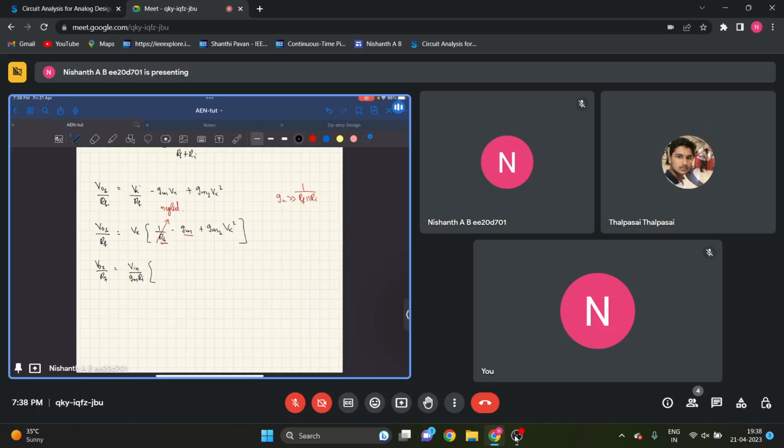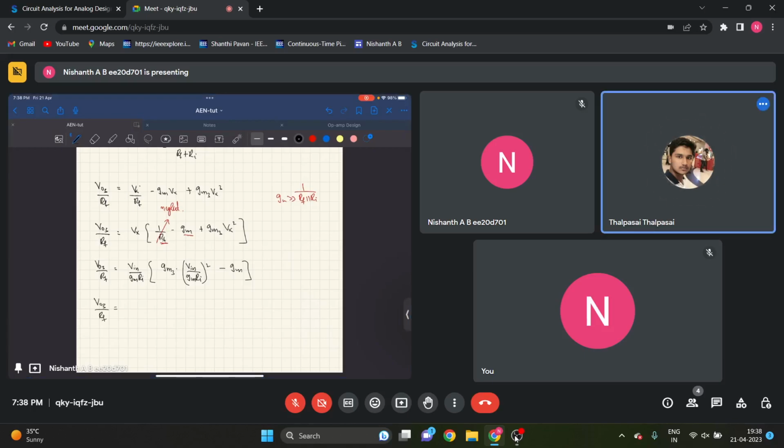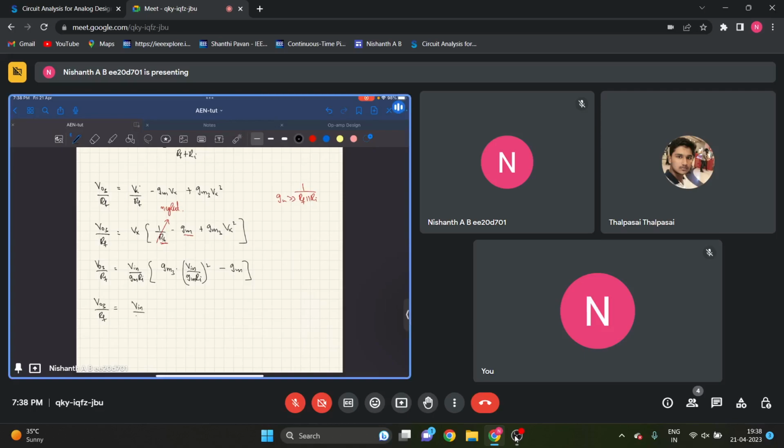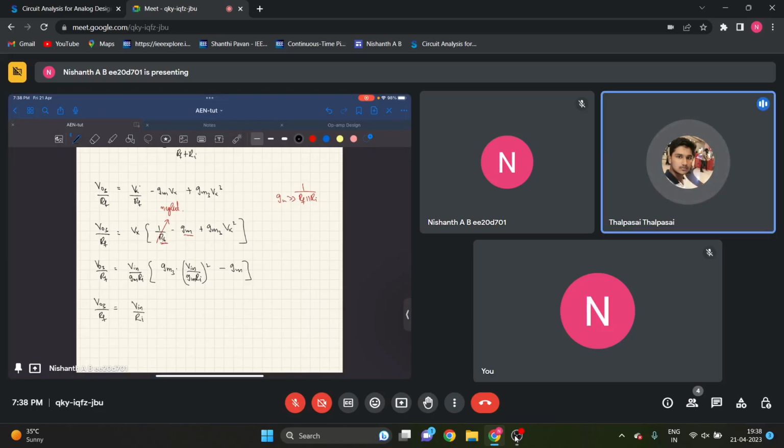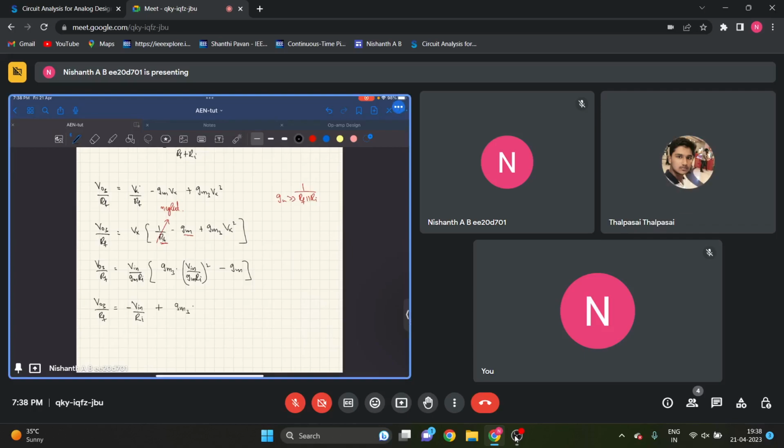Then we will have Gm3 into Vin by Gm Ri whole square minus Gm, Vin by Ri. The Gm3 by Gm and Gm by Gm will get cancelled, that would be minus 1, plus Gm3 into Vin cube by Gm Ri whole cube.